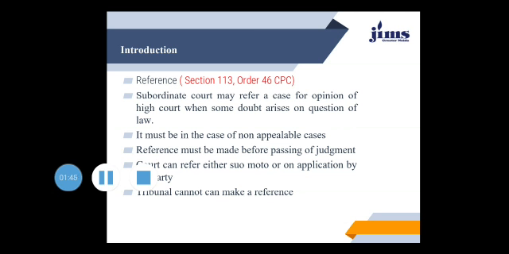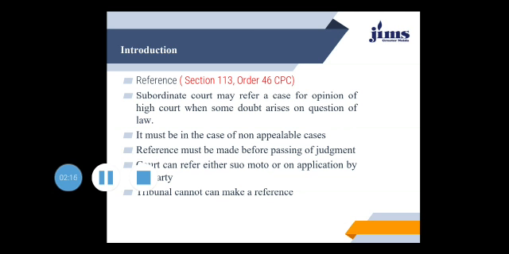By virtue of Section 113, a subordinate court may refer a case for the opinion of the High Court when some doubt arises on a question of law. A reference must be made in the case of non-appealable cases. Reference must be made before passing of a judgment.